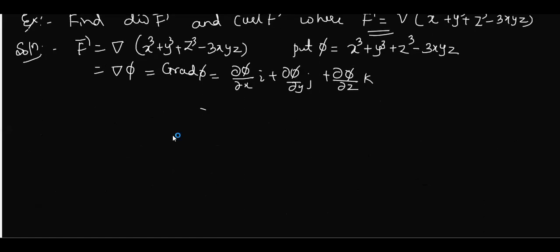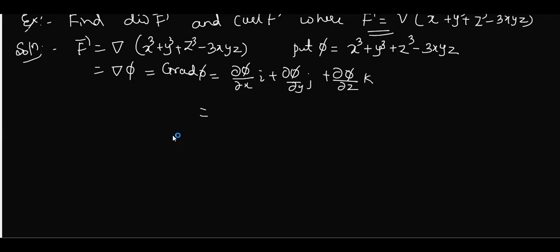Now, instead of writing all the brackets directly, I just simplify and write it. This is like dou by dou x, the partial derivative of these terms with respect to x. How many terms among the 4 are containing x? 2 terms.